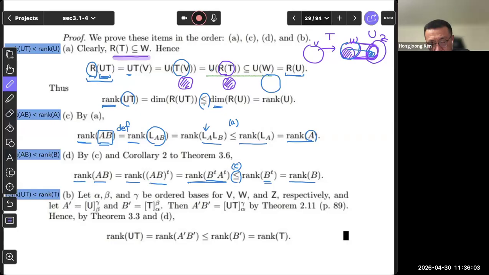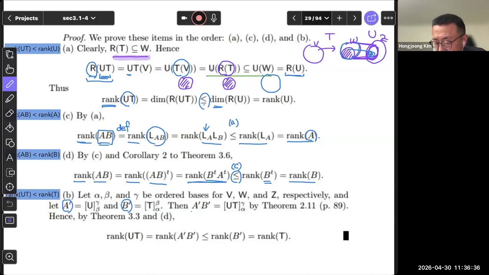Now to prove B, suppose that I have some bases for the V, W, and Z spaces. Let me call them alpha, beta, and gamma respectively. Let me use A prime to denote the matrix representing U with respect to beta and gamma, and let me use B prime to denote the matrix for T with respect to alpha and beta.